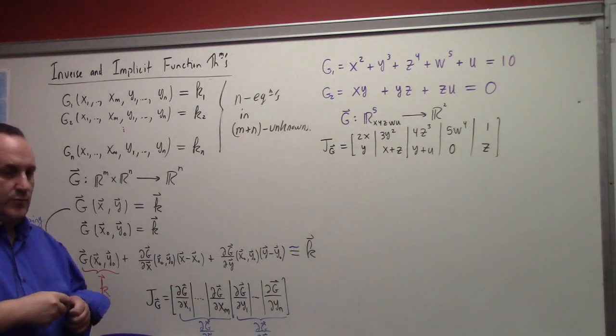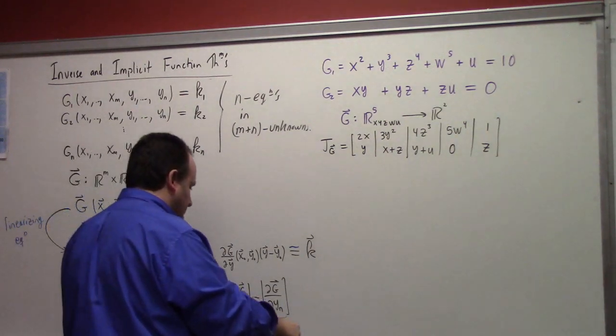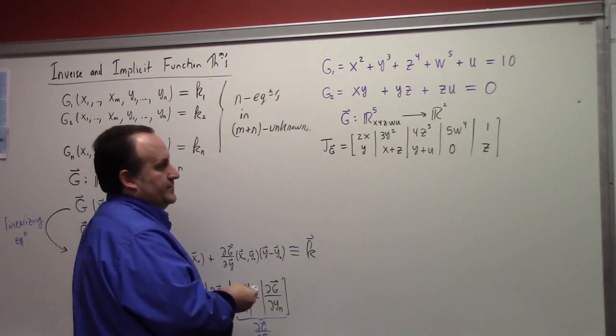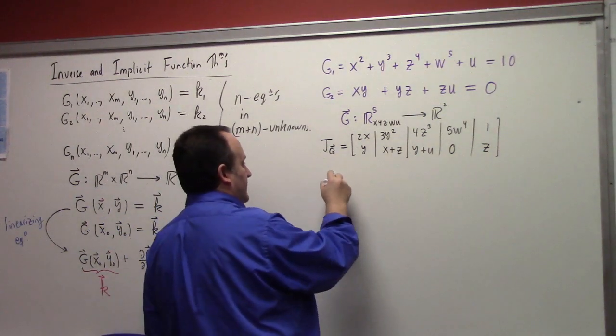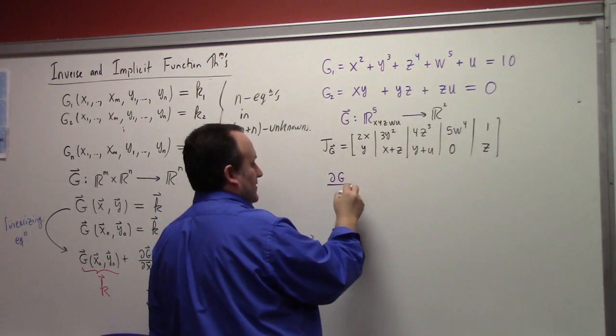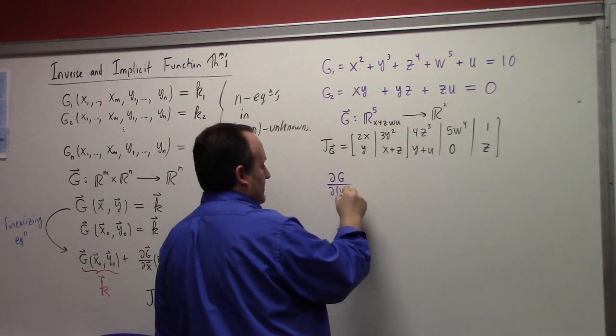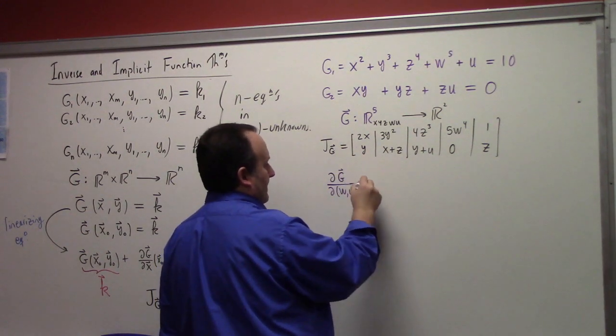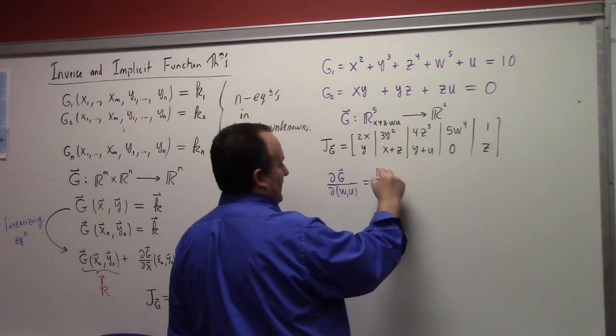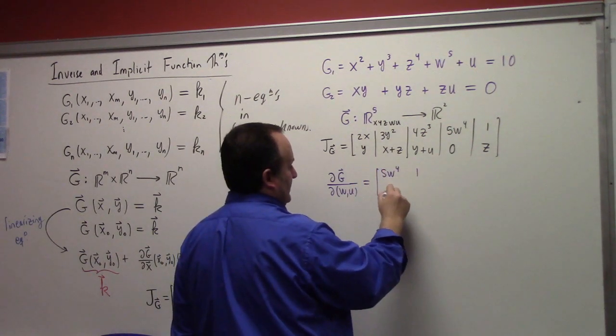So we can look at partial g with respect to, let's say, w and u. That would be 5w to the fourth, 1, 0, z, right?